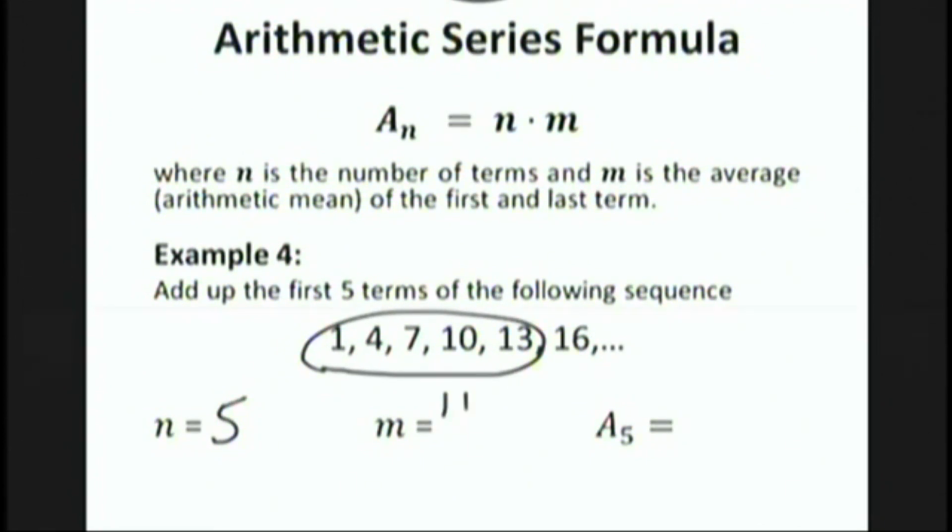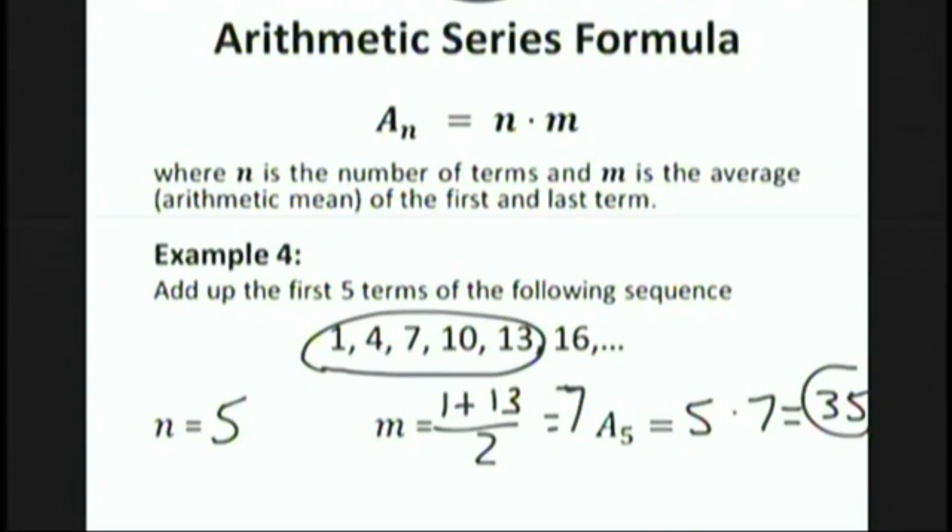So that's 1 plus 13 over 2, which is 7. Finally, we get the sum of the first 5 terms by simply multiplying the number of terms times the average of the first and 5th term. And the answer is 35.